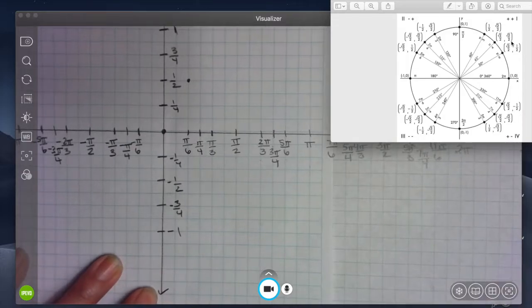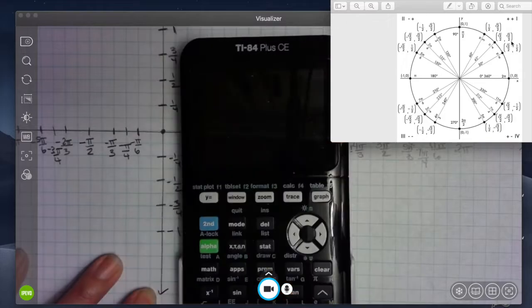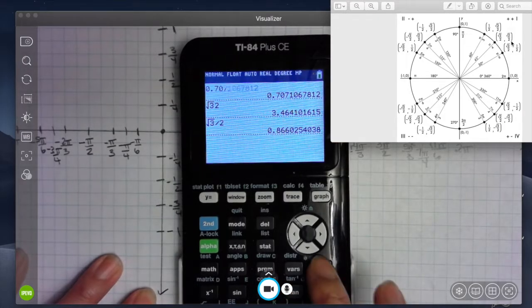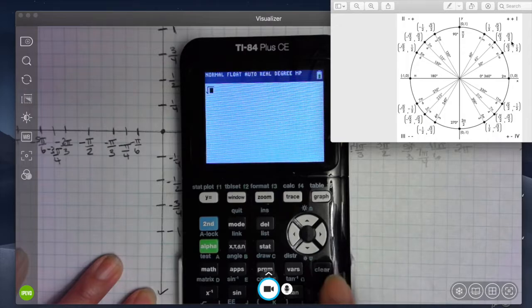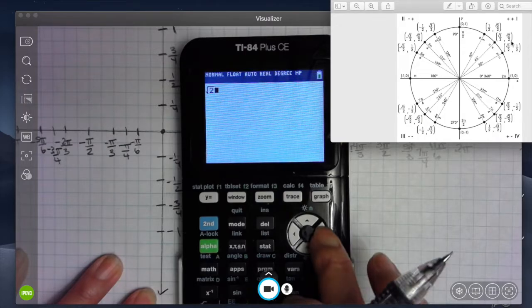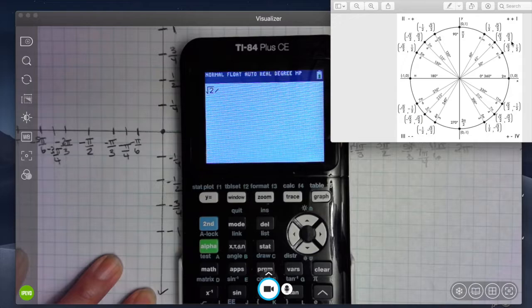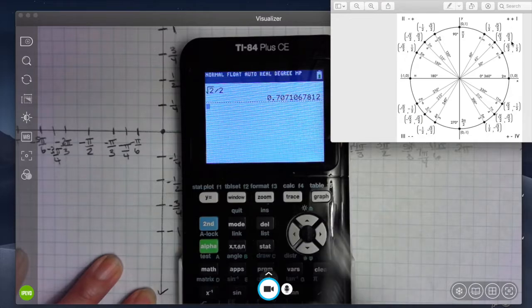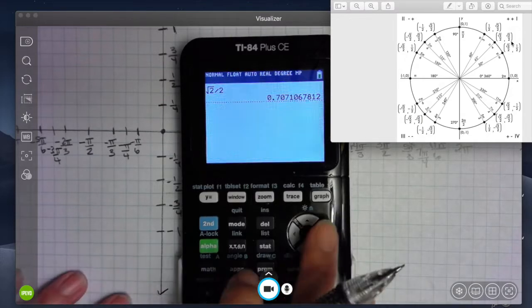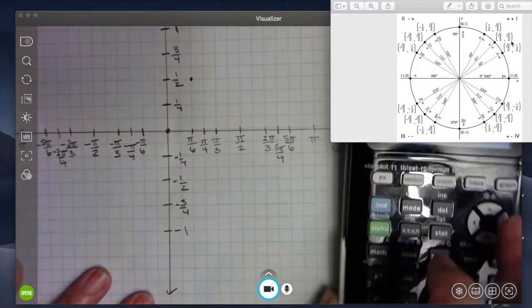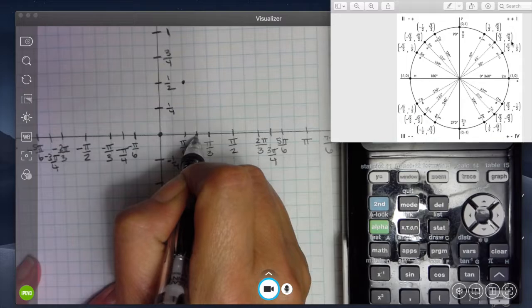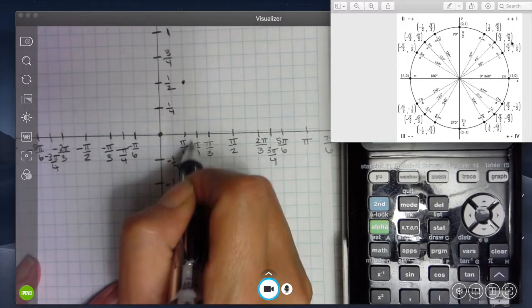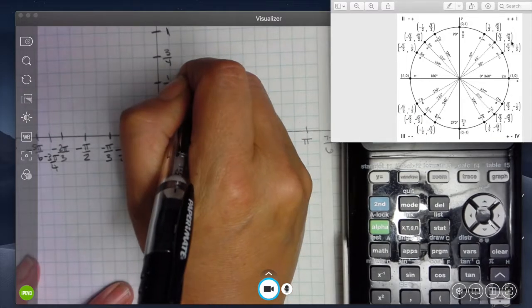You're going to put square root of 2 divided by 2, and it comes out to be 0.71. So we're going to put that at pi over 4, 0.71. We have 3/4 here, so that's 0.75, so pretty close to that. We'll put it right here.